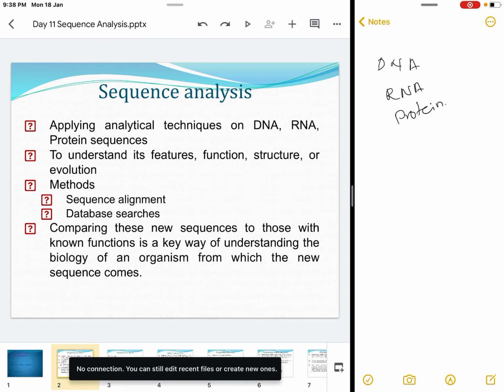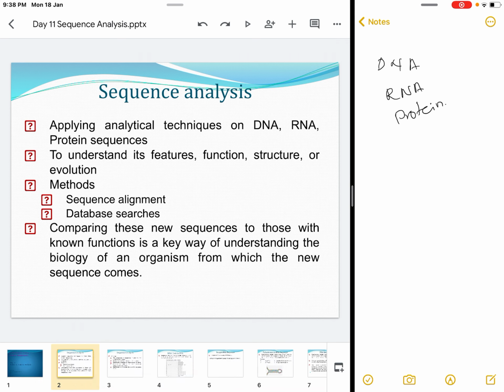We have seen the alphabetical representation of these sequences, and now we think about how these sequences can be analyzed to derive some biological importance inside a cell nucleus.